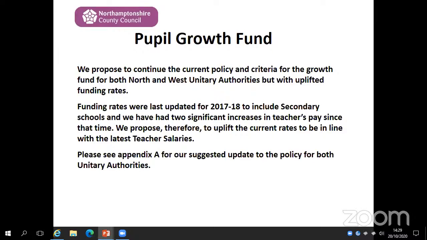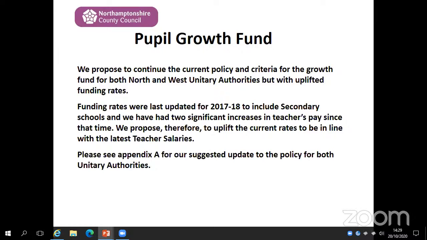So we're proposing to continue the current policy and criteria for application of the Growth Fund for both the North and the West unitary authorities. The current policy dictates that schools will receive a set amount of funding depending on whether they take 15, 30 or possibly even 60 or 90 increase in their pupil numbers in any given year.